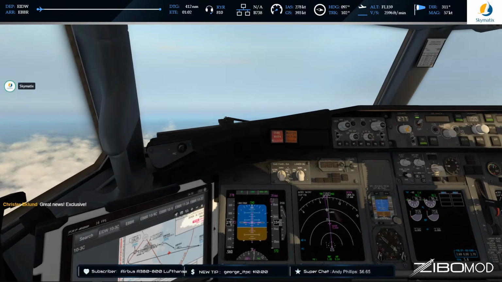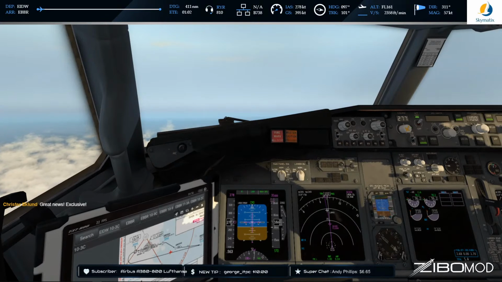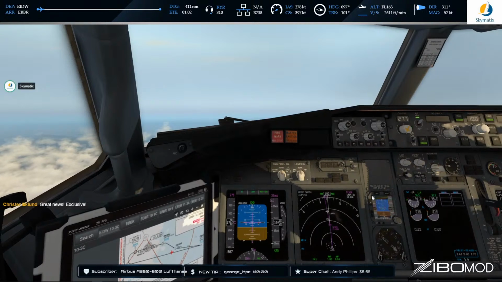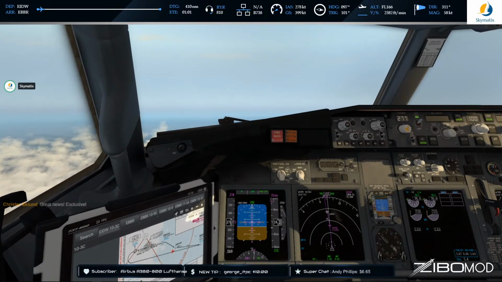Right, we have EGTT Center online, so somewhere after that waypoint I'm going to have to start looking at switching to ATC.